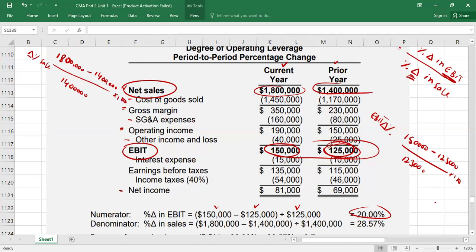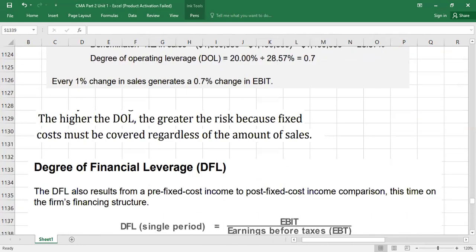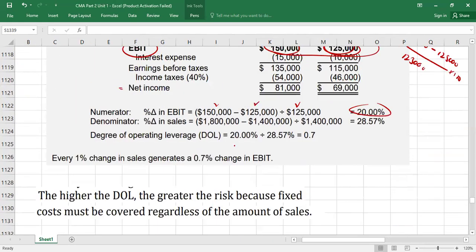So just solve 1.8 million minus 1.4 million divided by 1.4 million. The percentage change in sales is 28.57%. Now guys, if you apply the formula, what is the formula? The degree of operating leverage is the percentage change in EBIT divided by the percentage change in net sales.